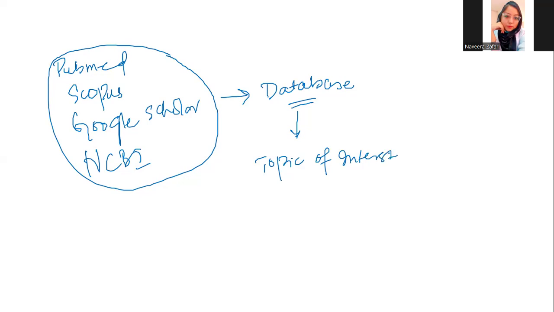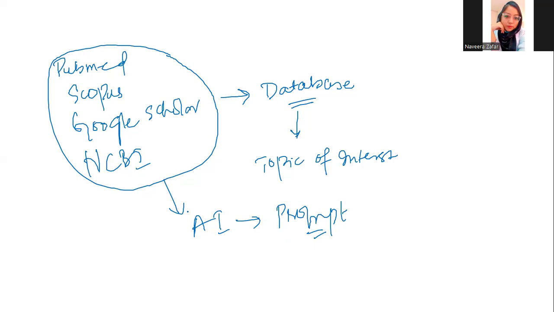Now, among all of these four databases or some more, how can you find more databases? As we all know, we have open access AI tools, so we can simply give prompts to the AI.